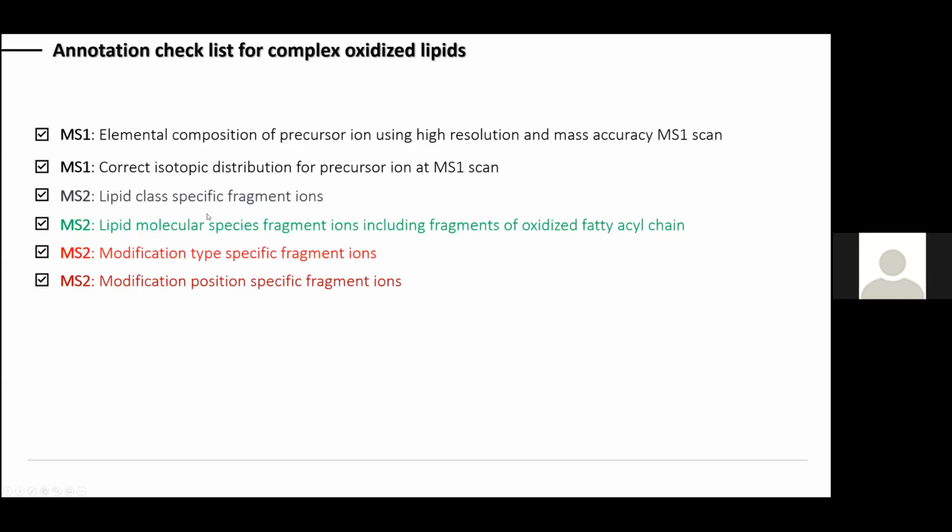Then we go step by step for the MS2 level confirmation: the lipid class specific fragment, the lipid molecular species specific fragment, the modification type, and the modification position specific one. I must say, of course, I selected a nice example for you. Sometimes we cannot reach all those 4 levels of identification on the MS2 level from the real data set.